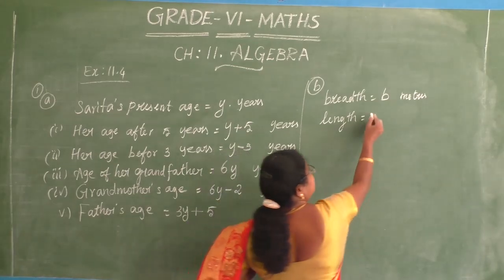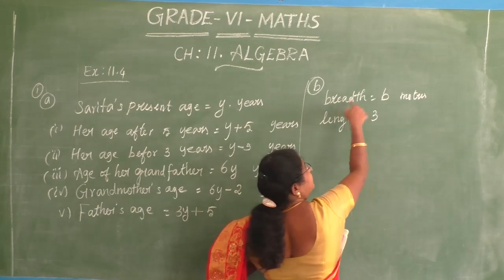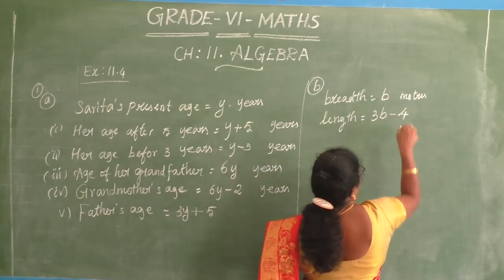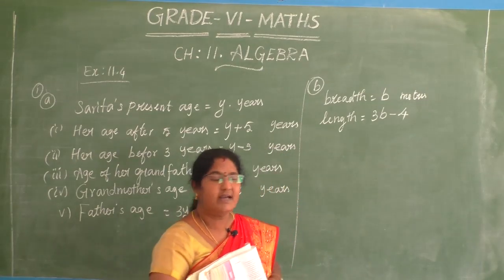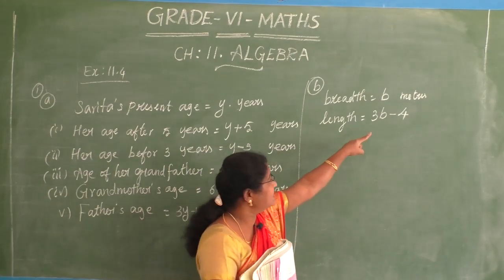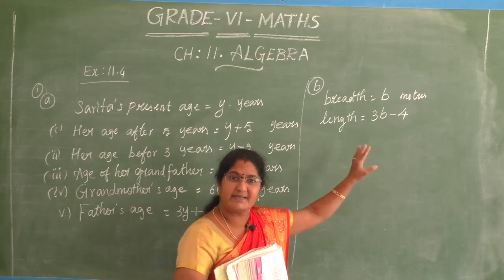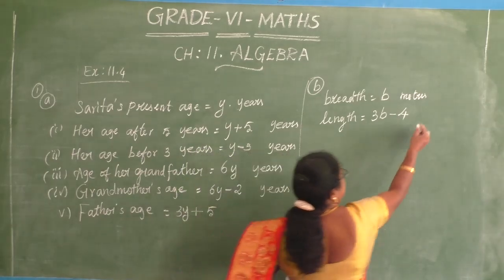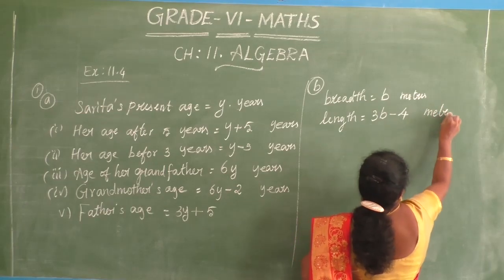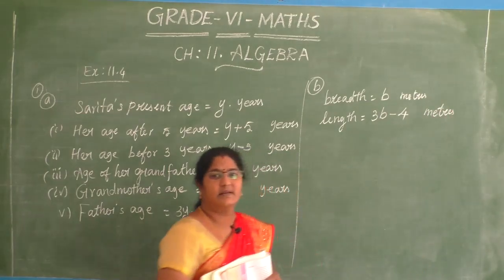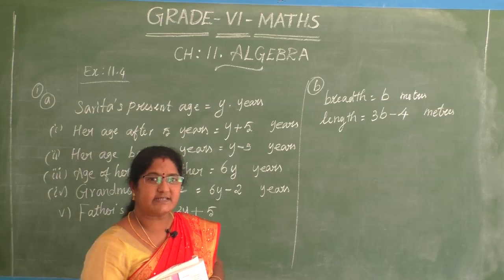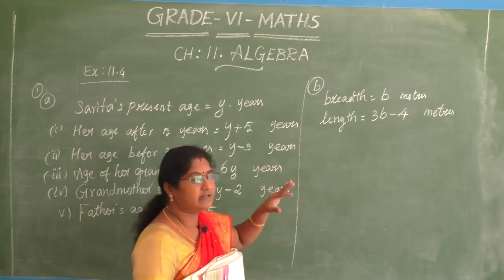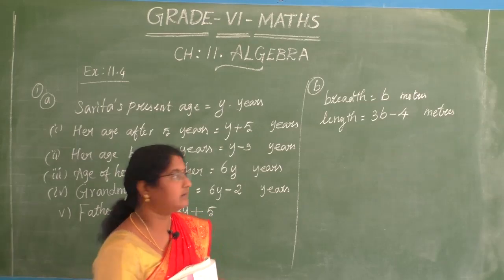So 3 times the breadth, and the breadth is B. 3 times the breadth less 4 meters. Understand? This is in meters. For whichever letter is given, we write it and in terms of that we find the other one.